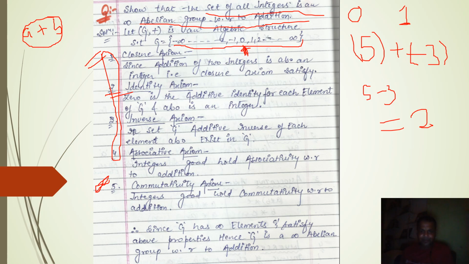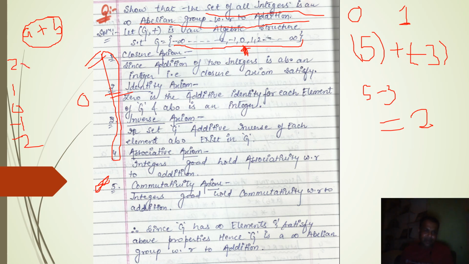Inverse axiom. Now we want to prove that every element has its own inverse. So 0 is the identity. Suppose we have 0 and 1 and 2 and -1 and -2 and so on. Suppose we want to check their inverse.